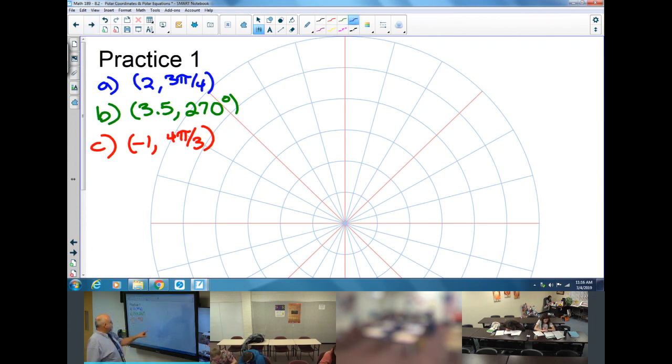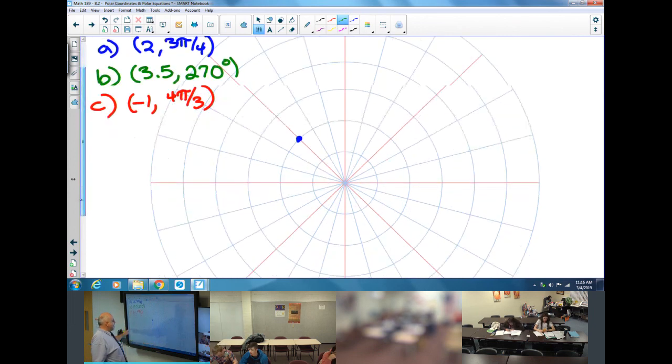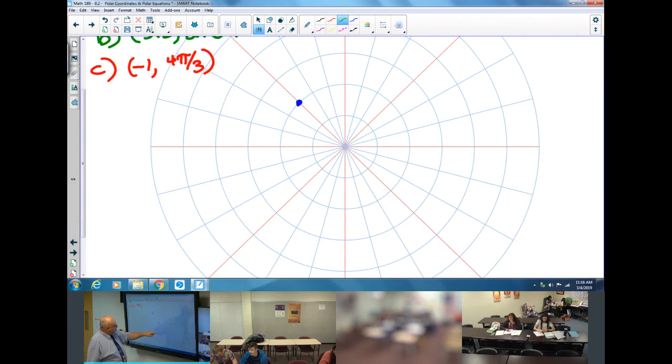Okay, so let's see. 3 pi fourths would be along this one, and then you go out 2, 1, 2. And so there's that one. 270 degrees, that's going down. So 3.5, 1, 2, 3.5 would be about there. 4 pi thirds, let's see, pi is 180 degrees, and then you go another third right there.